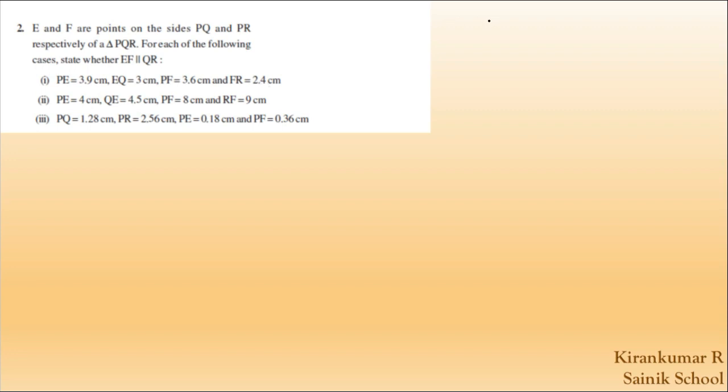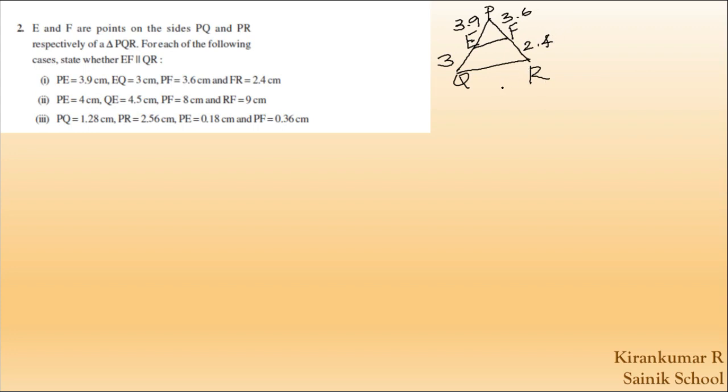Suppose I consider the triangle as PQR, let this point be F and this point be E. PE is given as 3.9 cm, EQ is 3 cm, PF is 3.6 cm, FR is 2.4 cm.